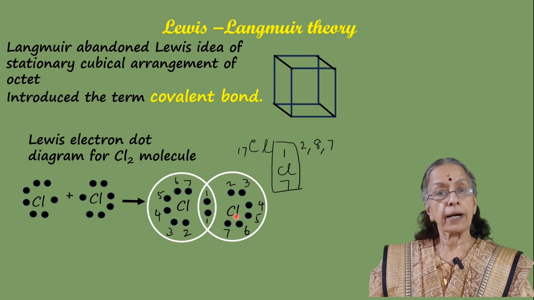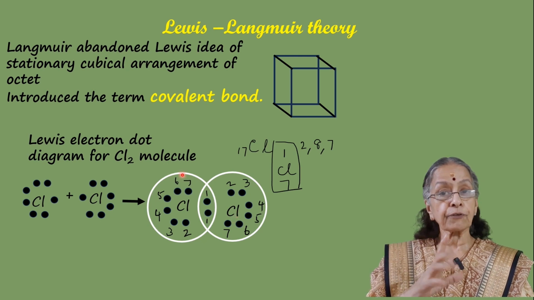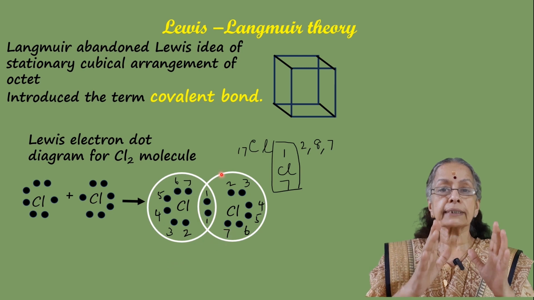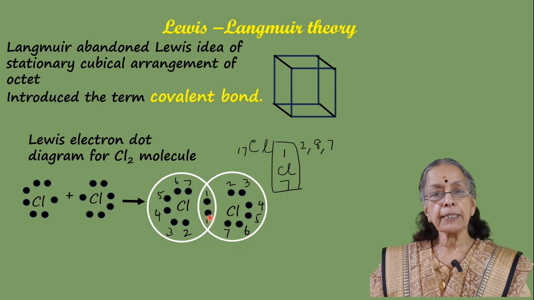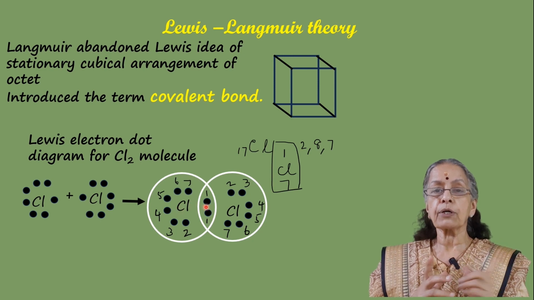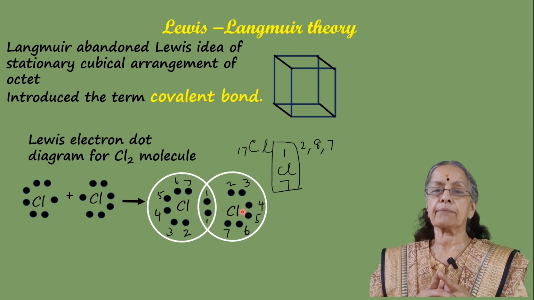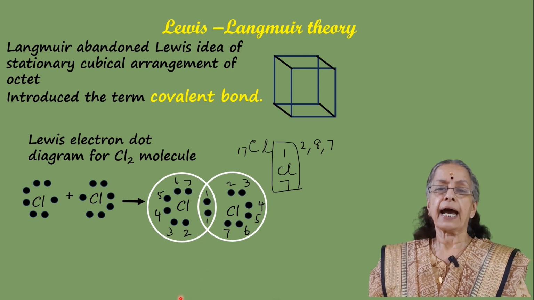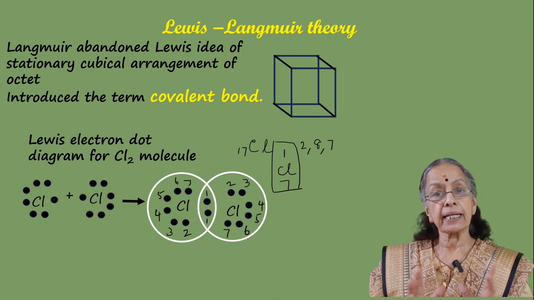So, by sharing one pair of electrons, in the case of chlorine molecule, both the participating atoms achieve octet structure. So, this shared pair is common. It belongs to the atom on the left hand side as well as the atom on the right hand side.